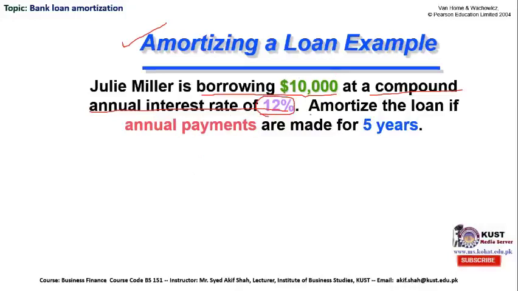The question asks you to amortize the loan if the annual payments are made for 5 years. It means that Julie Miller is going to borrow $10,000 from a banking organization at the rate of 12% compound annual interest rate, which she is going to pay back in 5 years of equal annual installments.